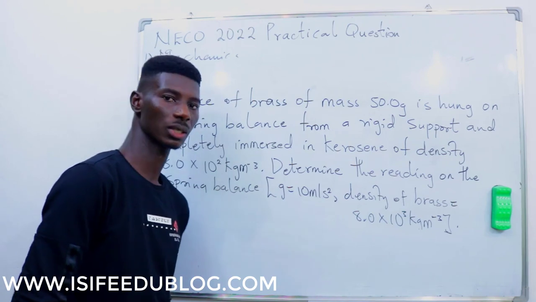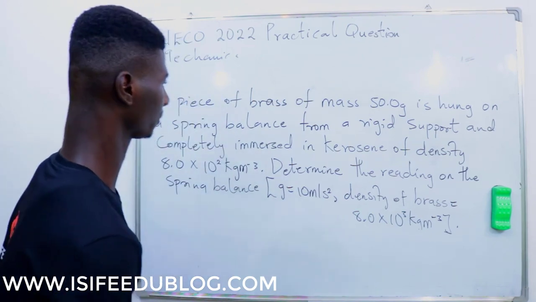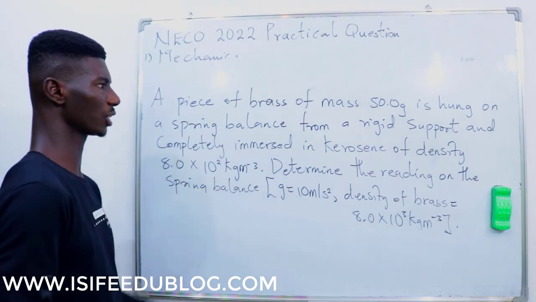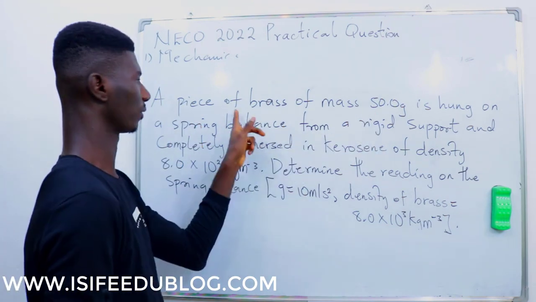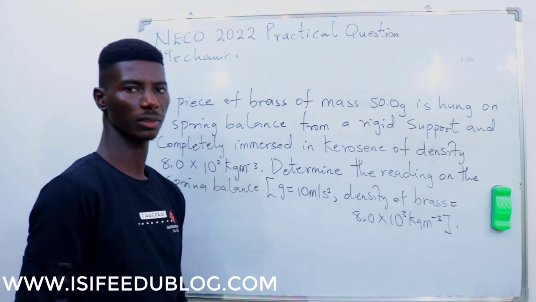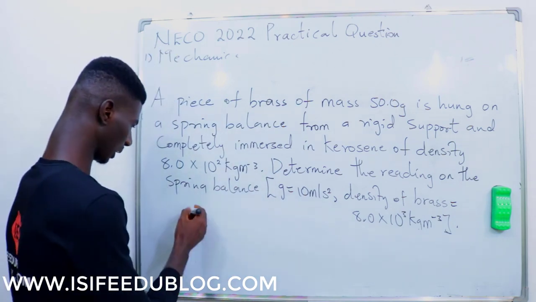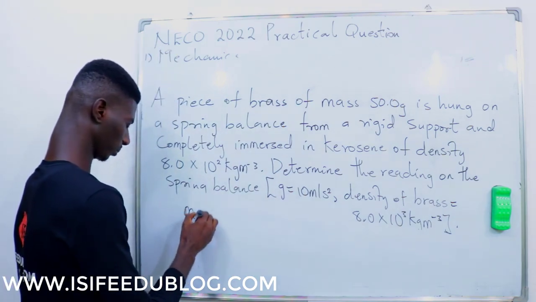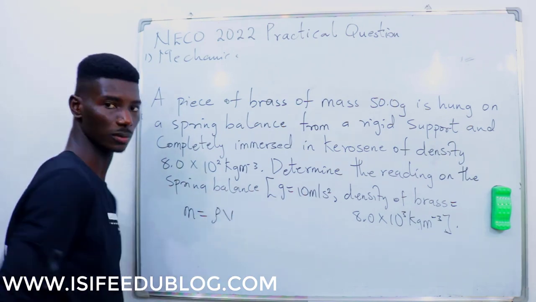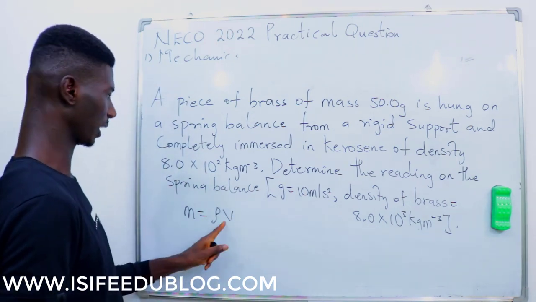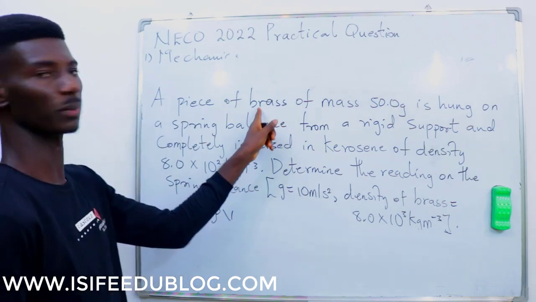So, okay, this is how to solve this particular question now. If we look closely, we have the mass of the brass, and we have the density of the brass. And we know that mass is equal to density times what? Volume. So let's get the volume of this brass.